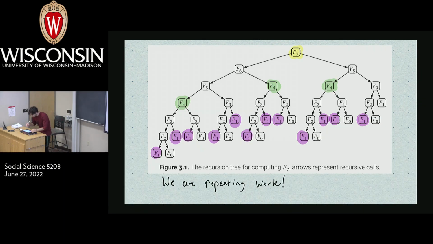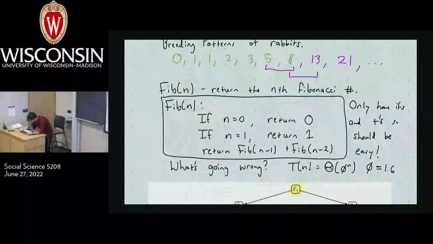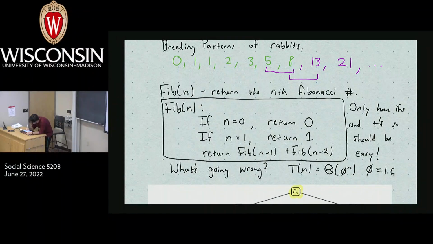So let's try that. Let's just save partial solutions somewhere. If we do that, then we'll have, say, array f. F is an array from 1 to n. We'll start with the array just being all zeros.